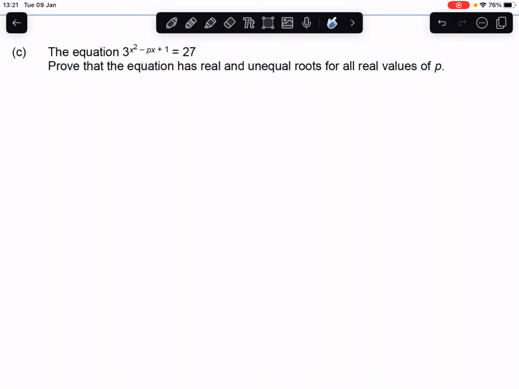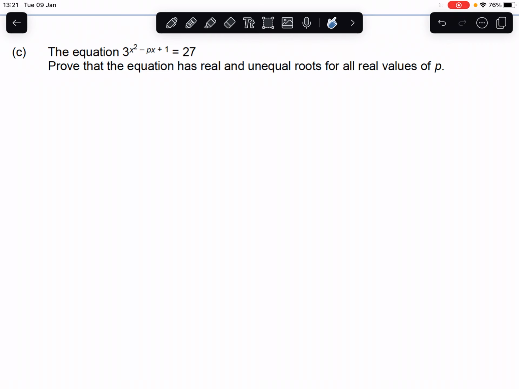Okay, so at first, what jumped out at me personally, and this is not even getting to the second bit of the question, the actual proving of the real and unequal roots.